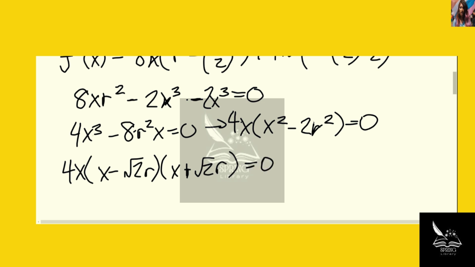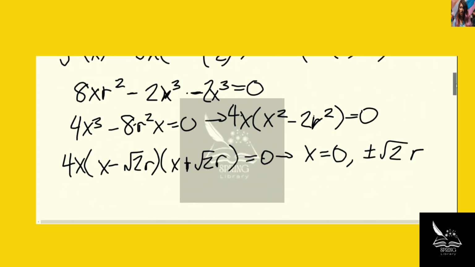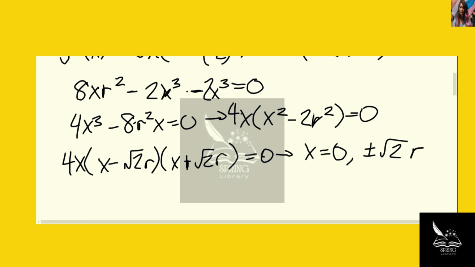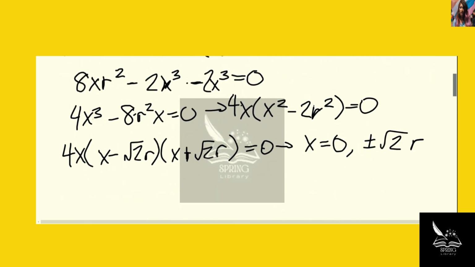And so the solutions and our critical values are x equals 0 and x equals plus or minus root 2 r. Now, to determine for which of these critical values f is maximized, subject to x between 0 and r, well, first of all, plus or minus root 2 r is already not an option.